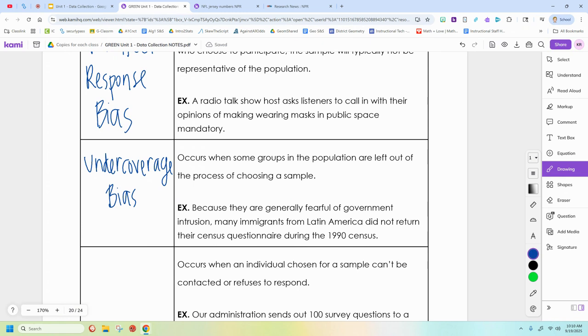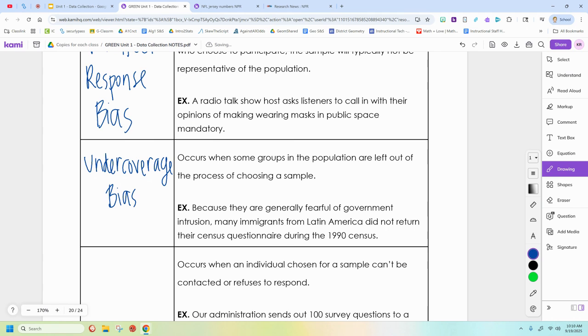We know it's a lot of hard work to get a good census done every 10 years. Certainly there are people who don't even want to sign up for government programs because then their personal information is in a system. There's a lot of fear and mistrust, and sometimes that affects what happens next. This was in reference to the 1990 census, where a lot of immigrants from Latin America did not return their census questionnaires.